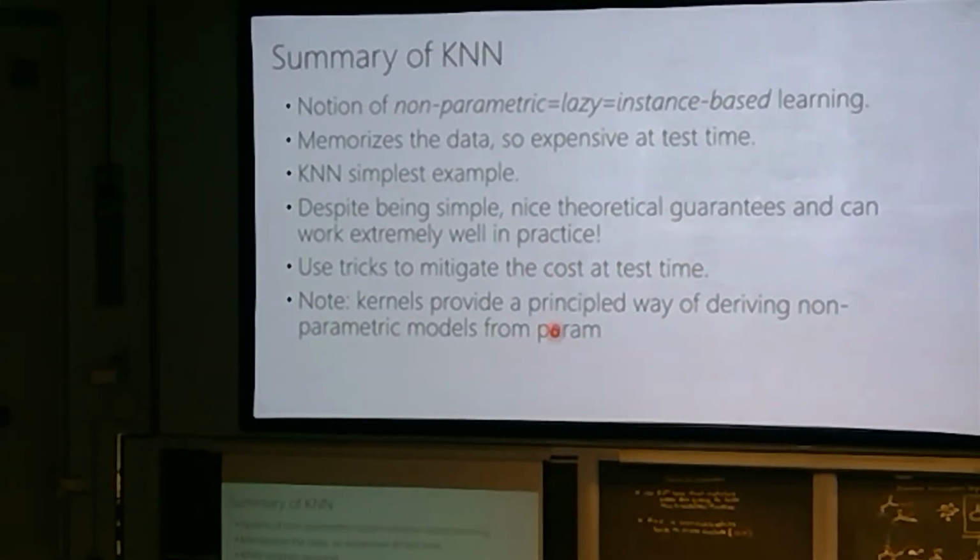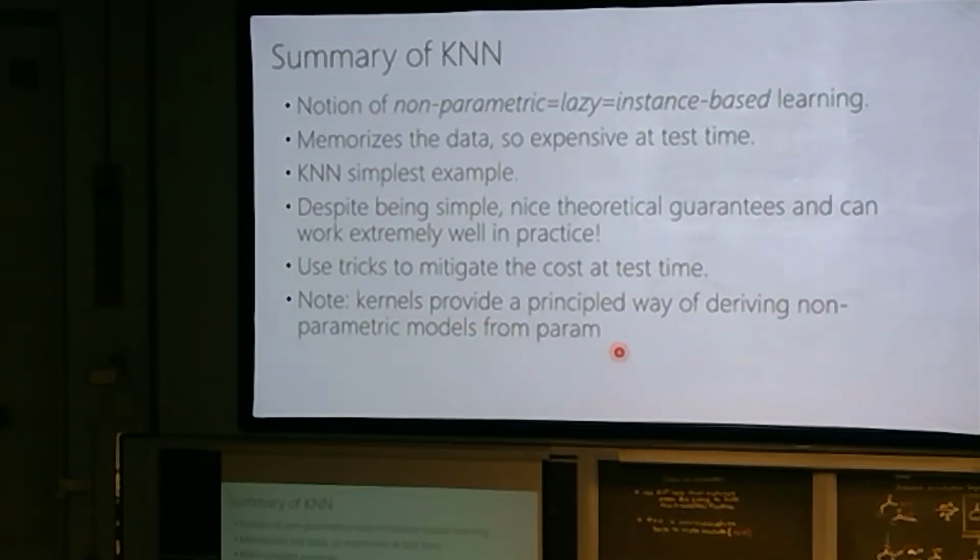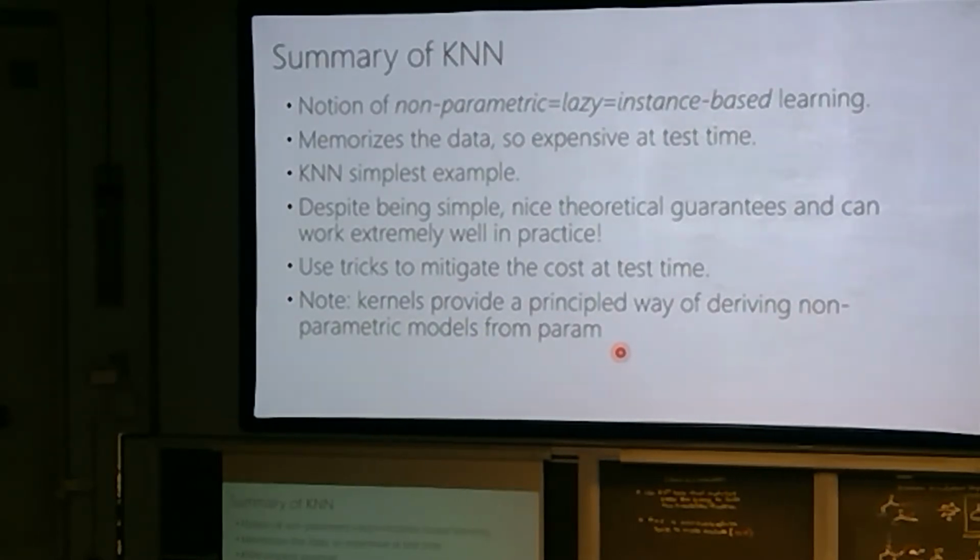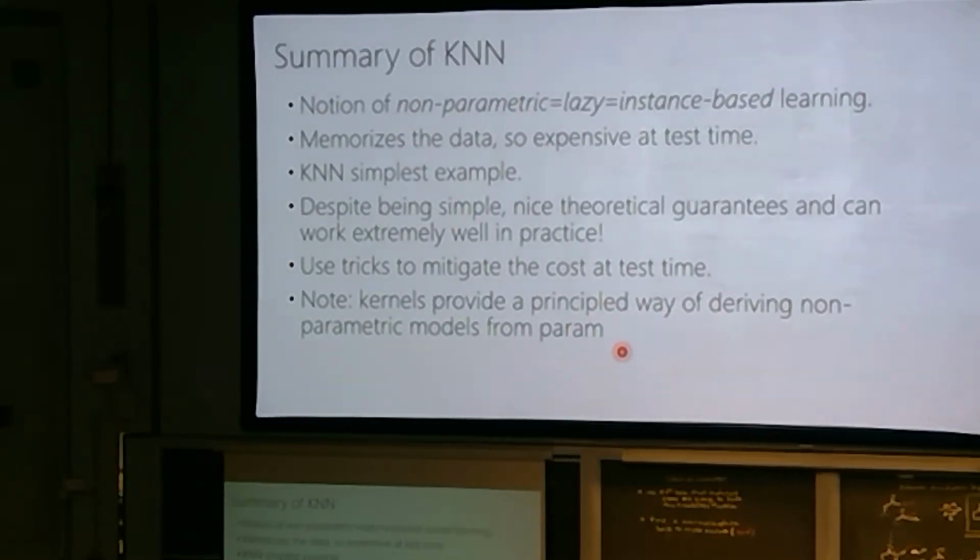Also, kernels can provide a principled way of deriving non-parametric models from parametric models, and I have an example of that very briefly in a couple of slides. You can think of there being a distance notion here, and kernels measure distance, and if we can put them into more principled models, it gives us a different angle of attack. SVM was one way to think about that, although it was different, of course.